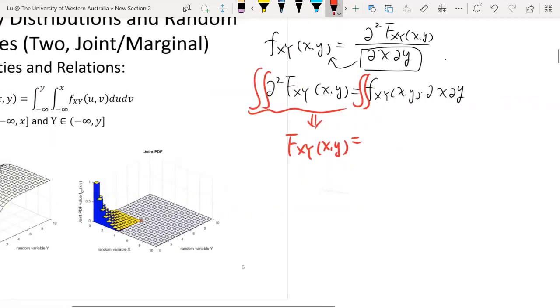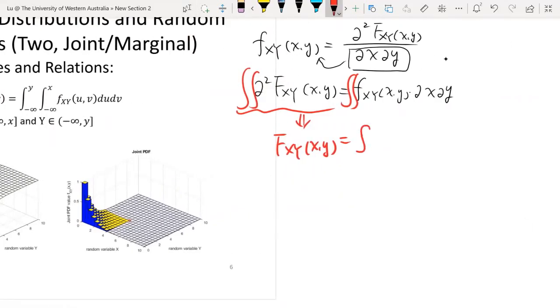Right-hand side, so let's do some conversion. The double integration doesn't change, and the joint PDF doesn't change. But regarding this partial x, partial y here, normally we need to change the notation to dx and dy within the integration.